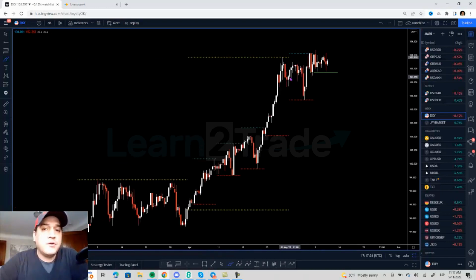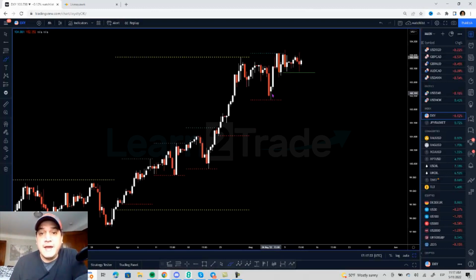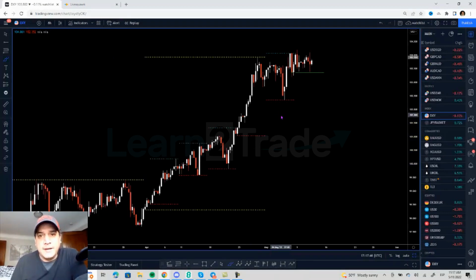I'm not going to look for shorts on the USD. That would be ill-advised in the sense that this is fundamentally and technically a very bullish market. We've had one kind of major pullback in this market, which is this 8-hour candle right here, which was quickly forced up by buyers.